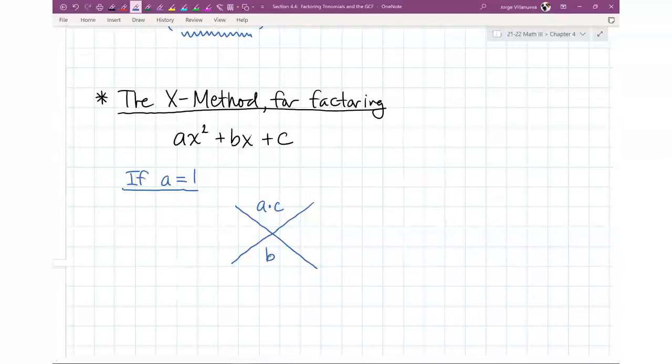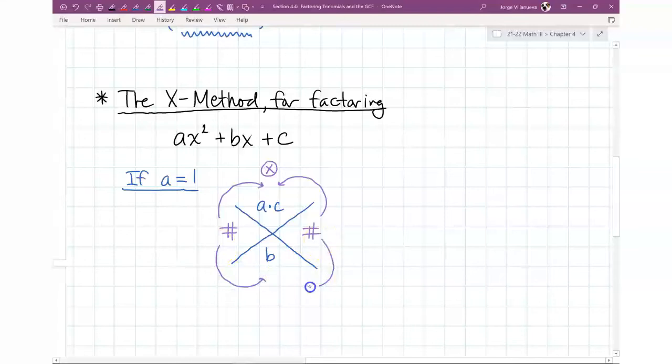And your job is to find some numbers here that multiply to this number. They have to multiply to whatever that number is up there. So if that number was a 10, you think, okay, what 2 numbers multiply to 10? 1 times 10, 2 times 5, right? That combination. But whatever those 2 numbers are, they're going to have to add up to b, whatever b happens to be.